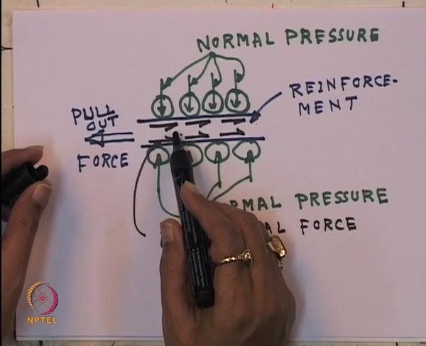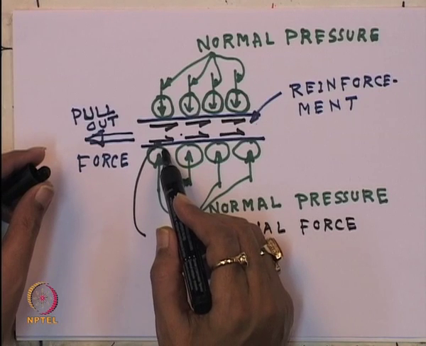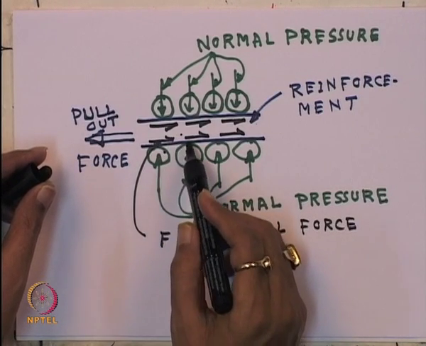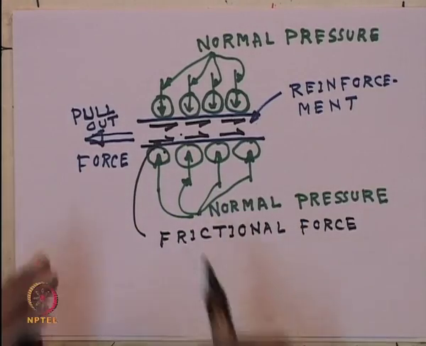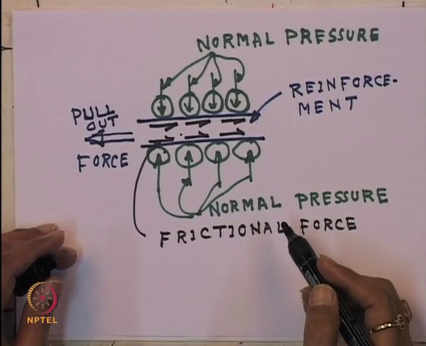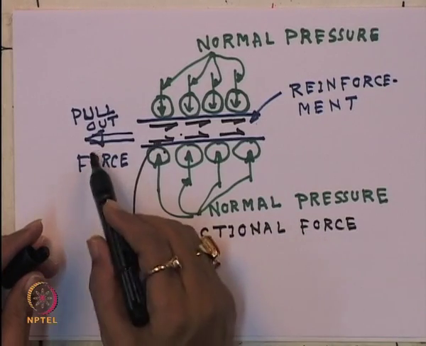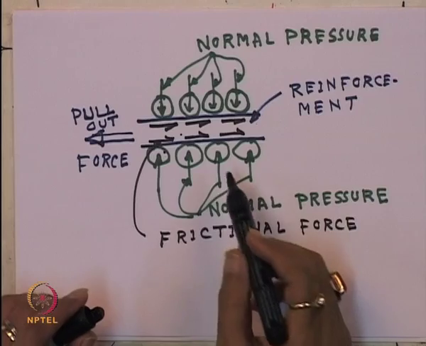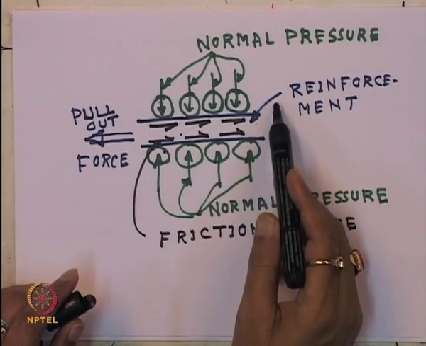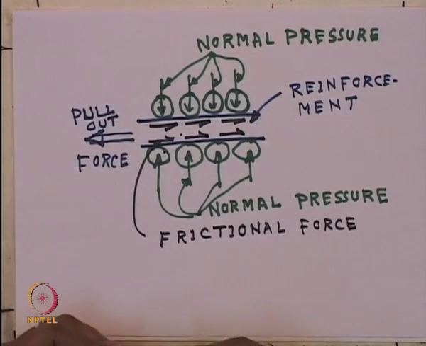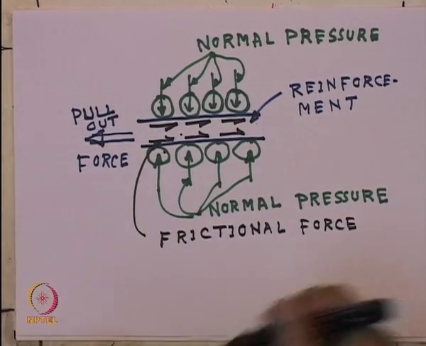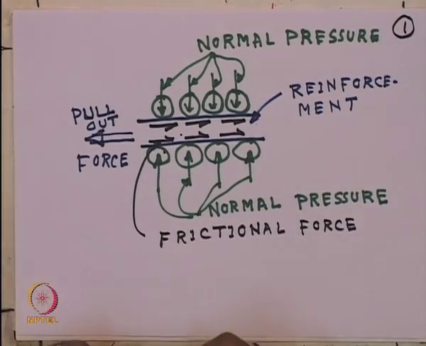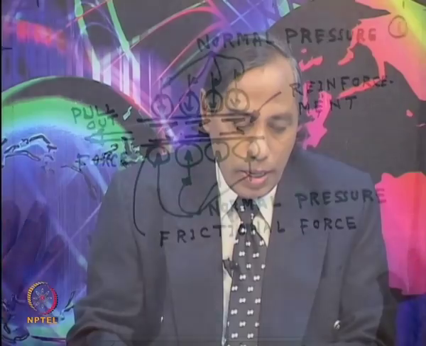That means stresses are transferred from soil to the reinforcement by shear along the interface. This is particularly in case of any metallic strip or any paraweb or any plastic strip, etc.